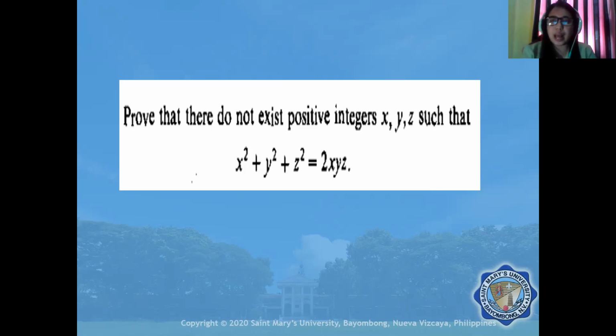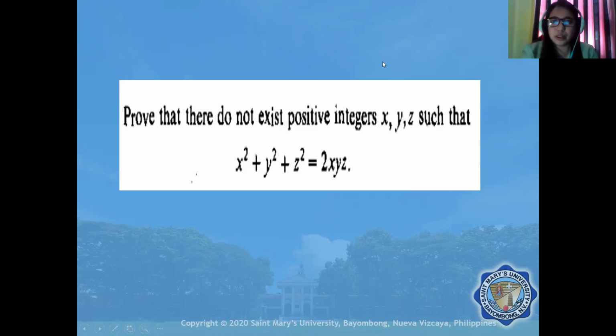We know that by definition, if n is equal to 2k, this is in the form of an even number. Which means that if we let xyz be equal to k, then this is even, or we can simply say that the sum of x squared plus y squared plus z squared is an even integer.